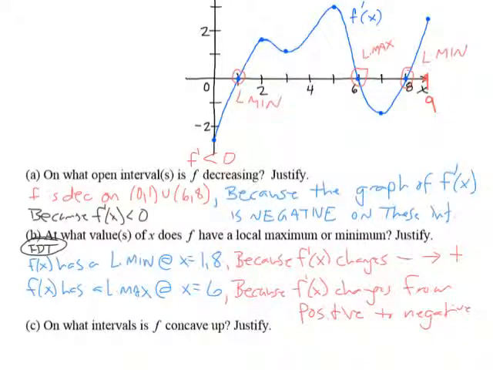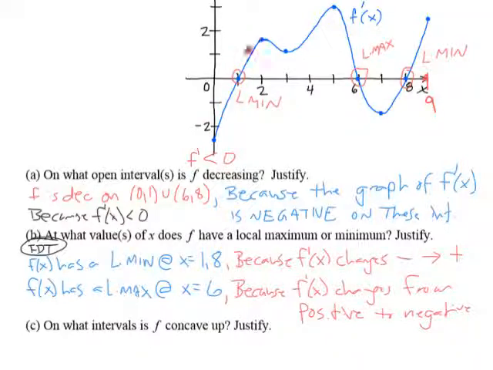Okay, part C asks us to determine where the function is concave up and where it is concave down. And remember, concave up means that the second derivative is positive, or you could say that the first derivative is increasing. So since the first derivative is increasing here, the derivative from 0 to 2 would be positive.